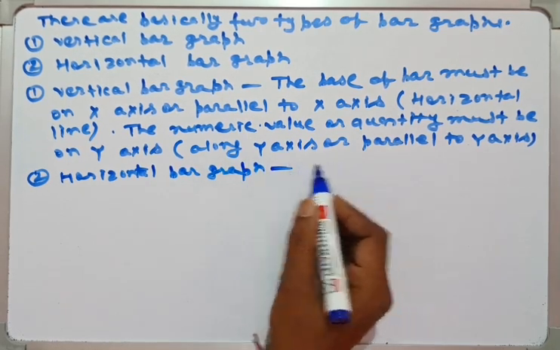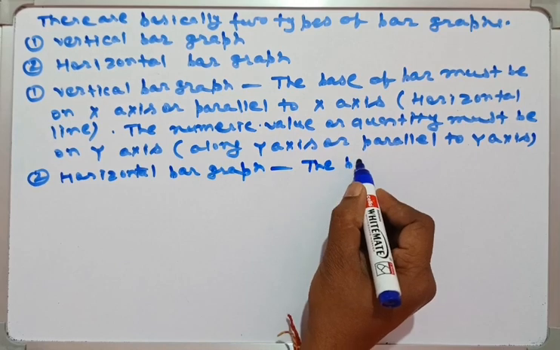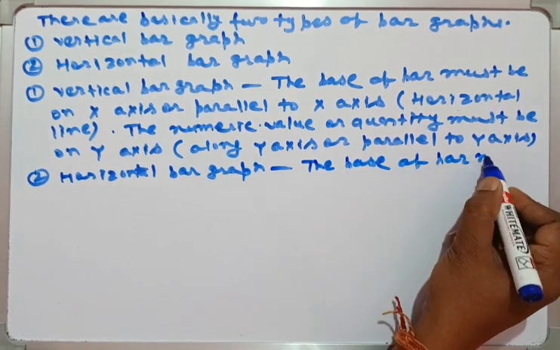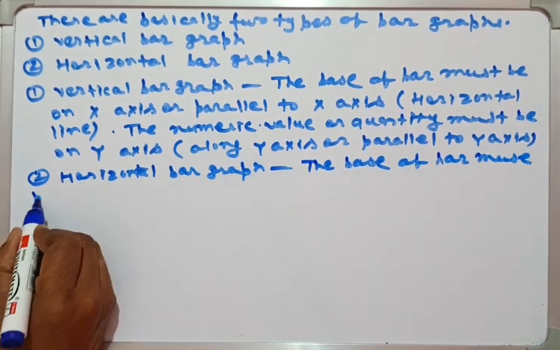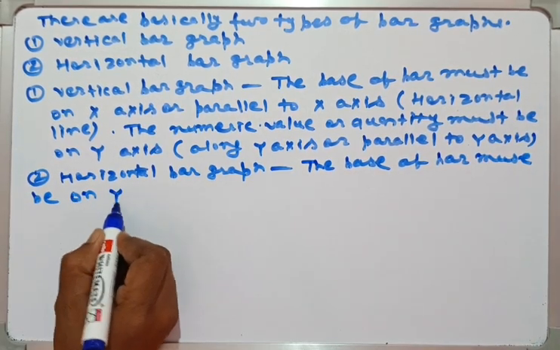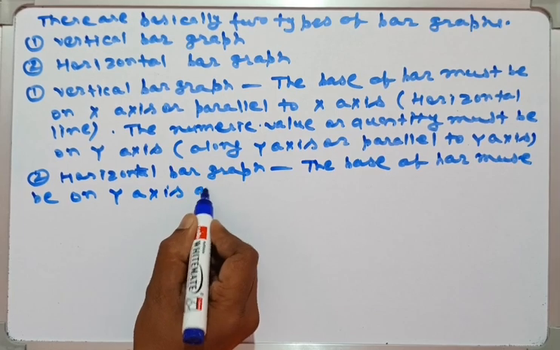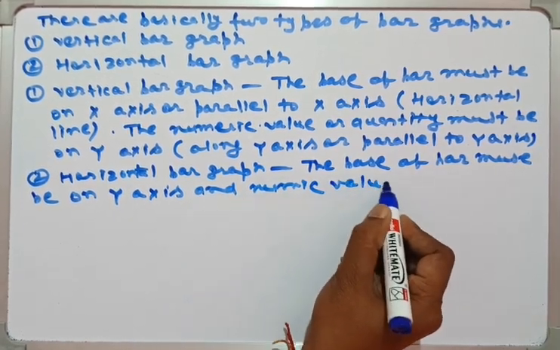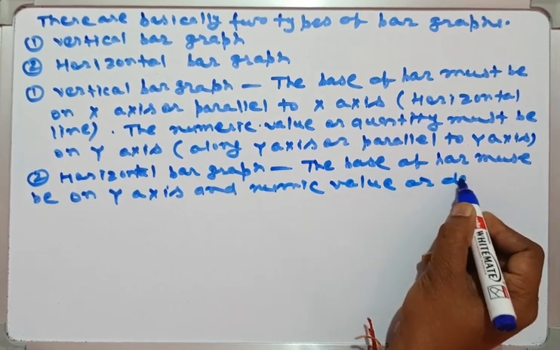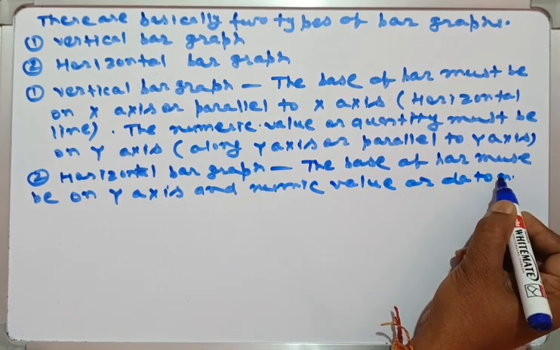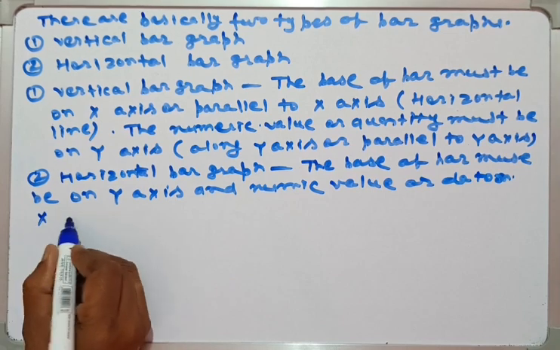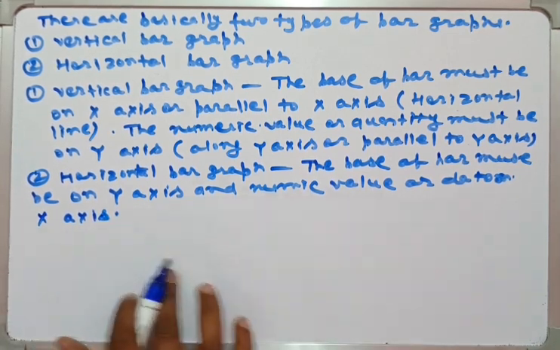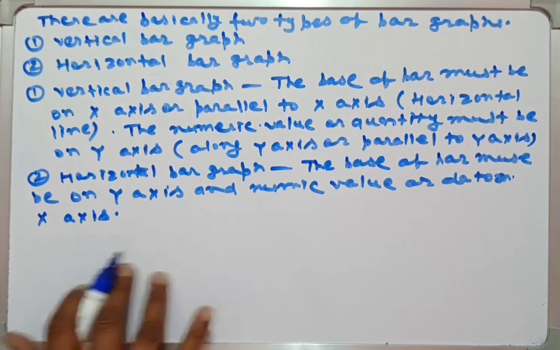What's happening in this case? The base of the bar must be on the y axis and the numeric value or data on the x axis. So guys, this will be clear to you when I explain the example.